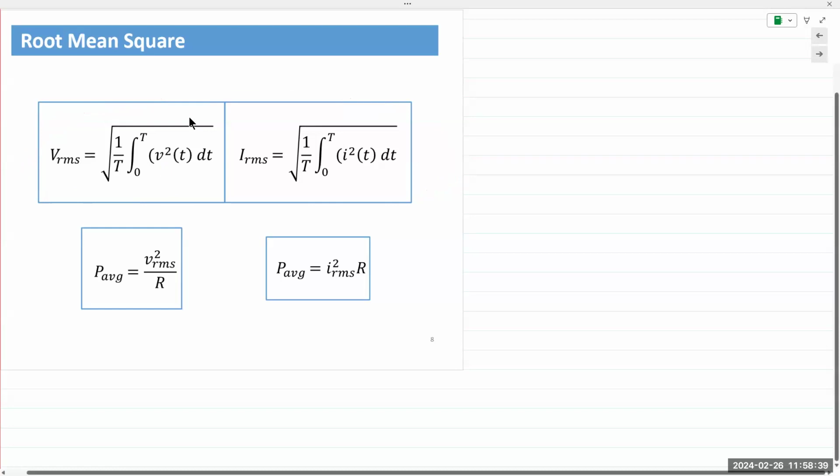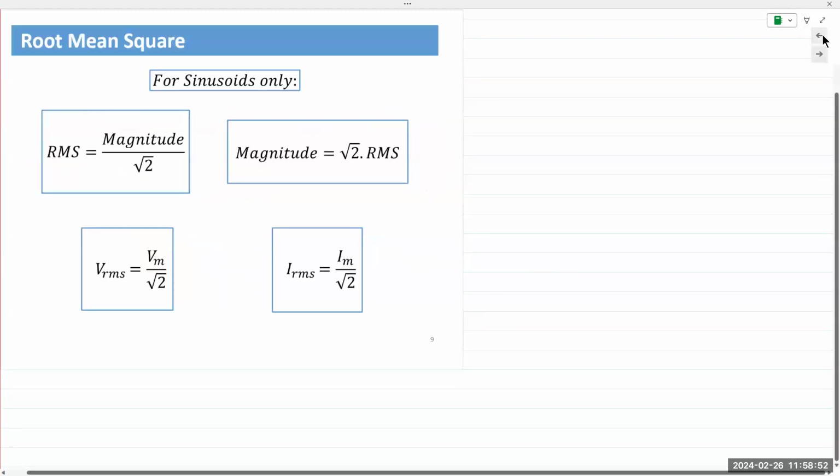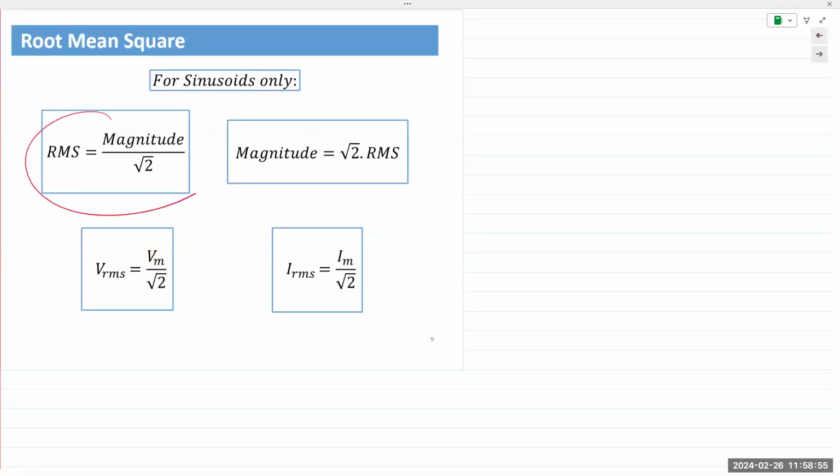If you plug in voltage or current as a sine or a cosine function and you solve it, there is a 4 or 5 step derivation. We end up with this relationship. The RMS value of the waveform is the magnitude of the waveform divided by root 2. So it's Vm over root 2, or if you wish, Vp over root 2, Ip over root 2.